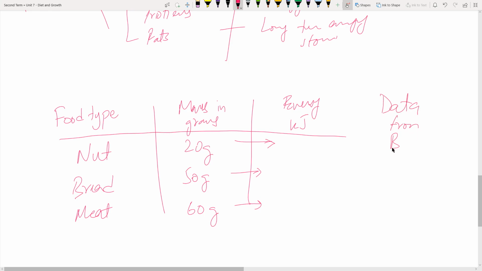So keep in mind that you must use the values provided in the question, or given in the book. You don't need to memorize these values. Reason being that in most cases, the questions will provide you this data in a tabulated form or in words, which you can use for your energy calculation. So let's say if someone eats this much, what is going to be the total energy?